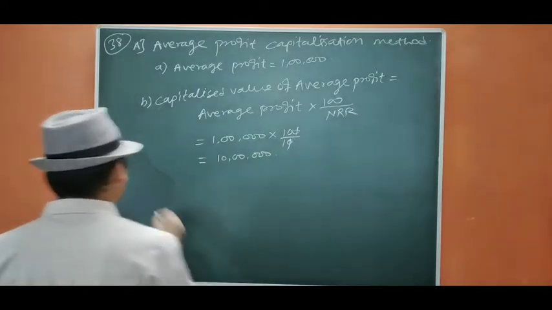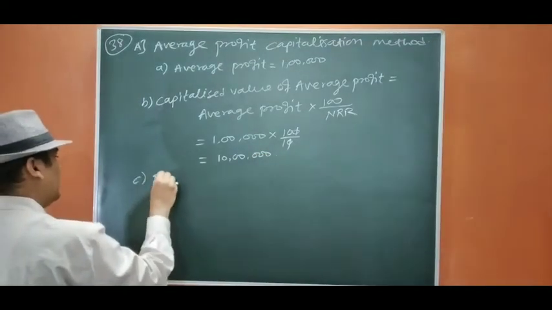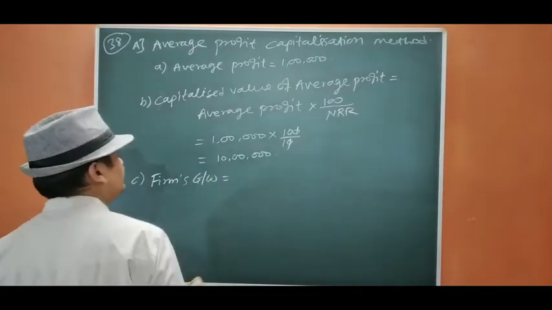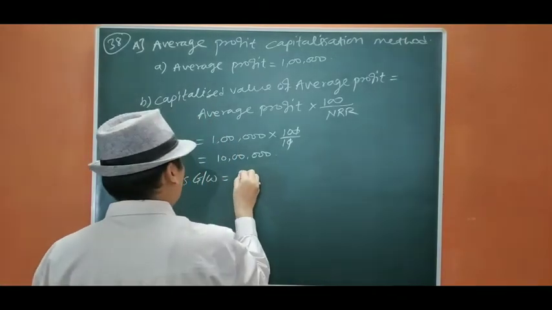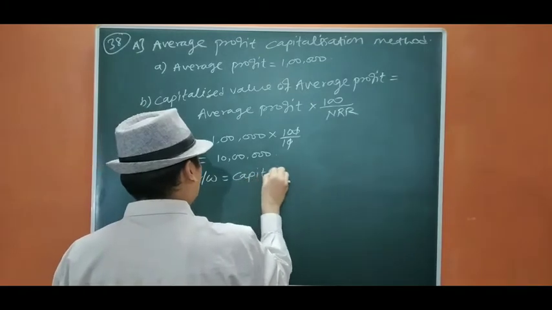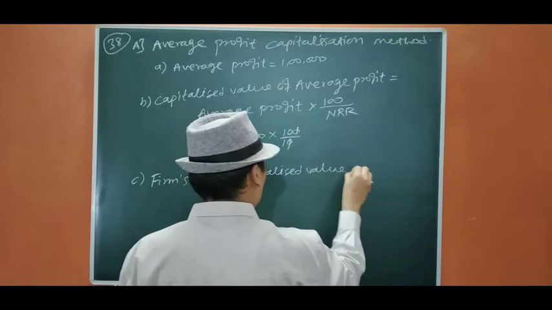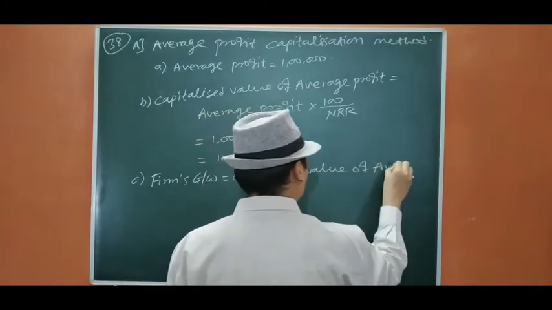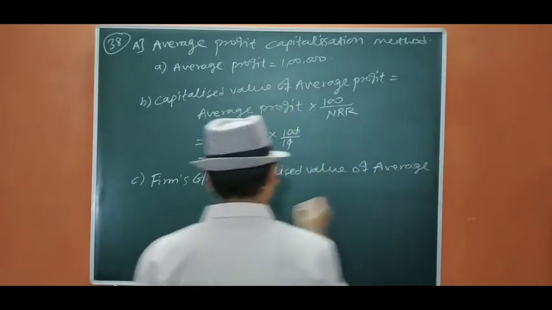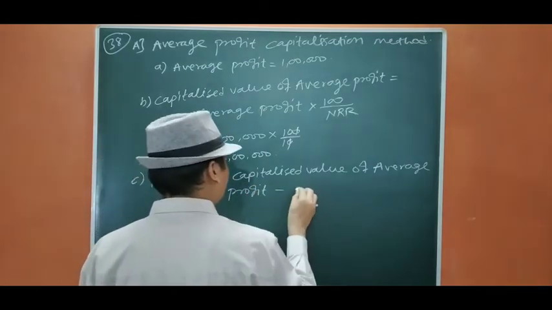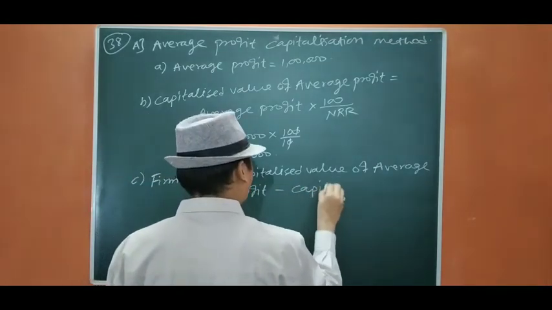Okay. C, firm's goodwill equals to capitalized value of average profit minus capital employed.